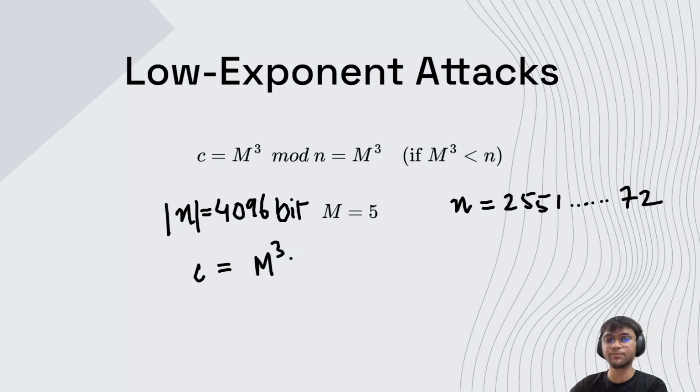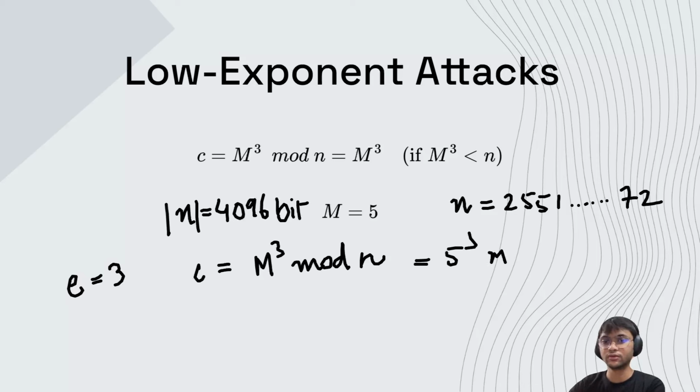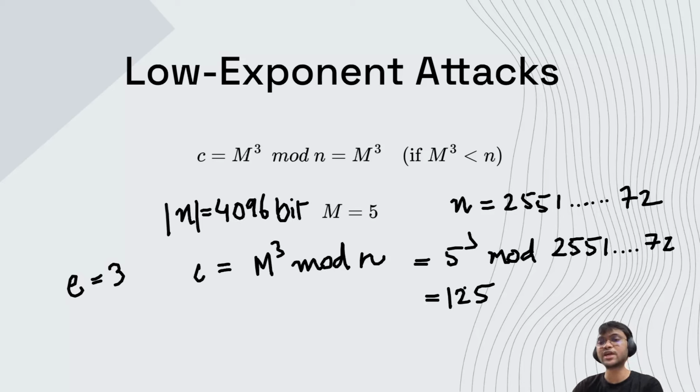So when we compute ciphertext, we'd say m raised to 3 mod n. The public exponent that we choose is 3. So it's 5 raised to 3 mod this large number, 2, 5, 5, 1, some huge numbers in between, and then 72. What that would mean is 5 raised to 3, which is 125, will not wrap around this large public modulus.